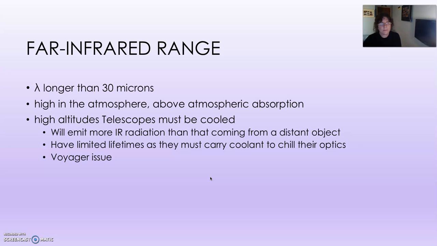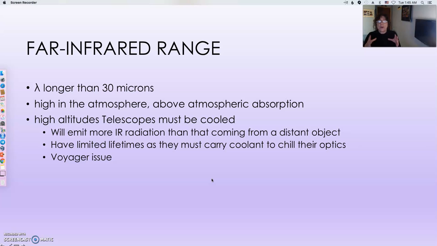Now, for the far IR range, that is a range that is getting into microns. We're out of nanometers. Microns are 10 to the -6, so we're moving longer. That would need to be done high above our atmosphere as well, because our atmosphere absorbs those infrared waves around that measurement of 30 microns.